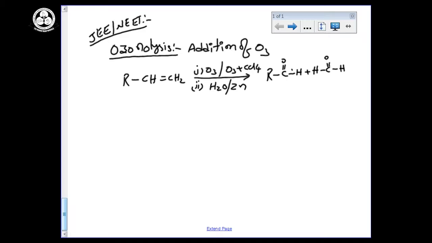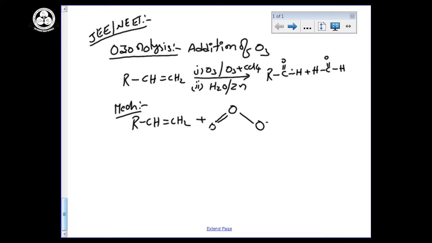See the mechanism carefully. Later I will show one short method to find the ozonolysis product. First, taking the general example R CH=CH2, and I am taking ozone, O=O-O, actually with a dative bond.